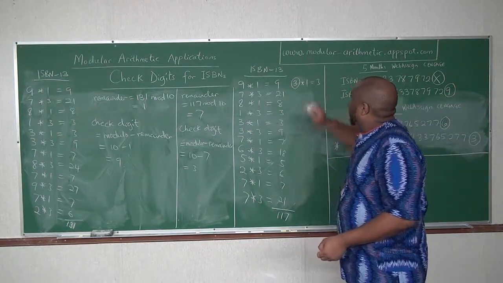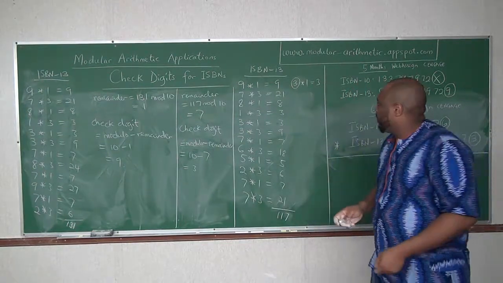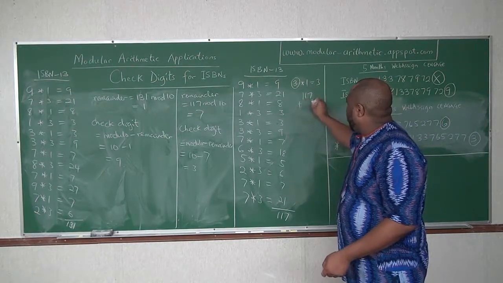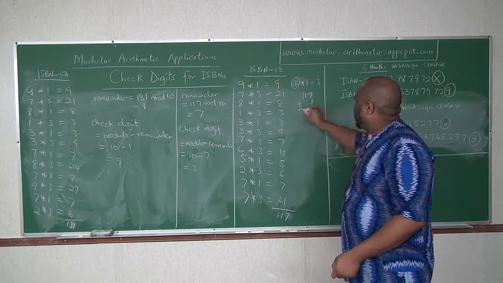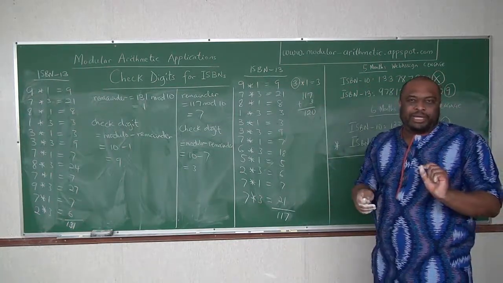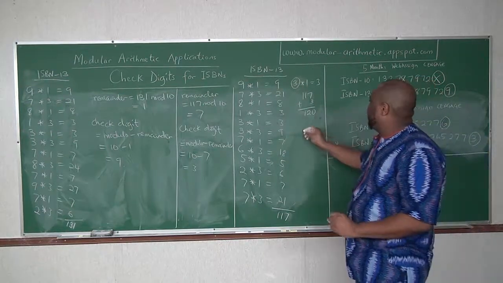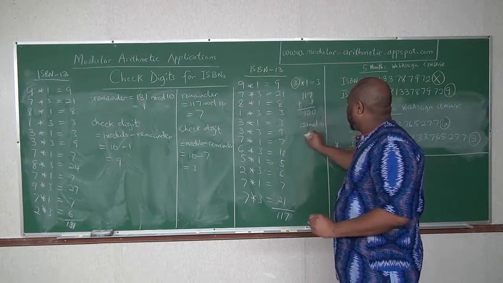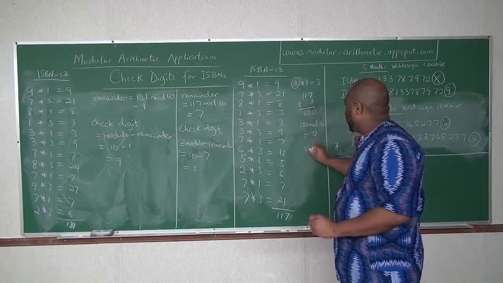So 3 times 1 is 3. Now you do 117 plus 3, and that gives you 120. Then you do 120 mod 10. 120 mod 10 is 0. Therefore, it's valid.